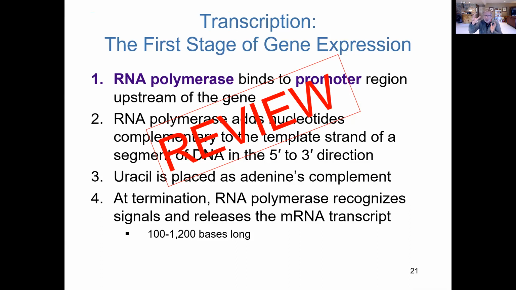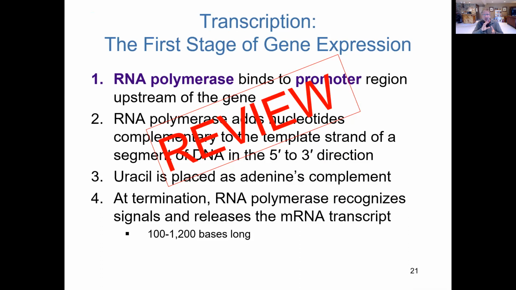And along the way, it's going to break the hydrogen bonds, and then it's going to bring in the new RNA nucleotides that will complement one of the two parent strands of DNA. And it's going to continue that process until it gets to the end. Then it'll dissociate from the DNA, and we will be left with our single-stranded messenger RNA.